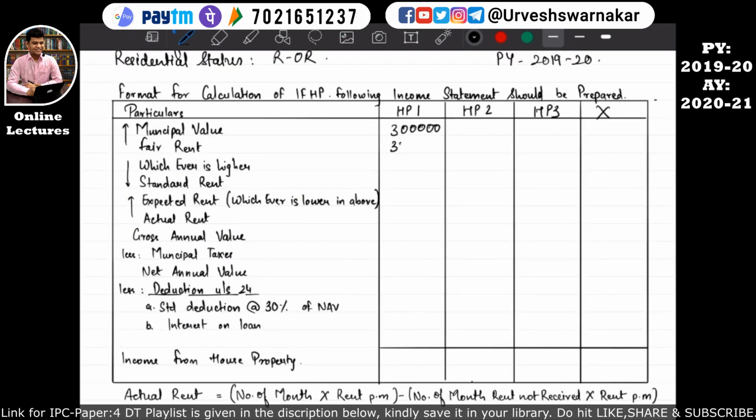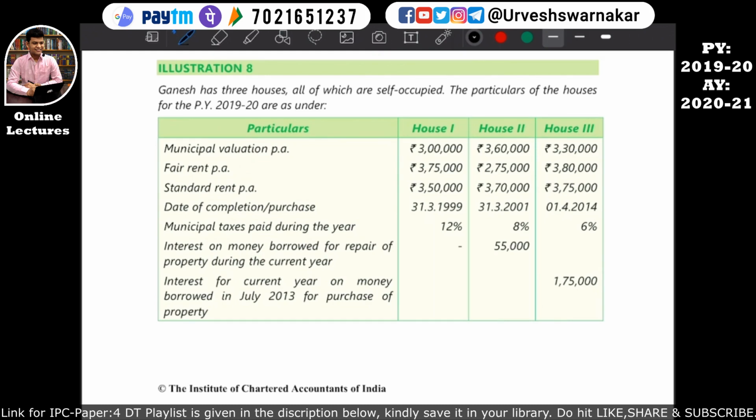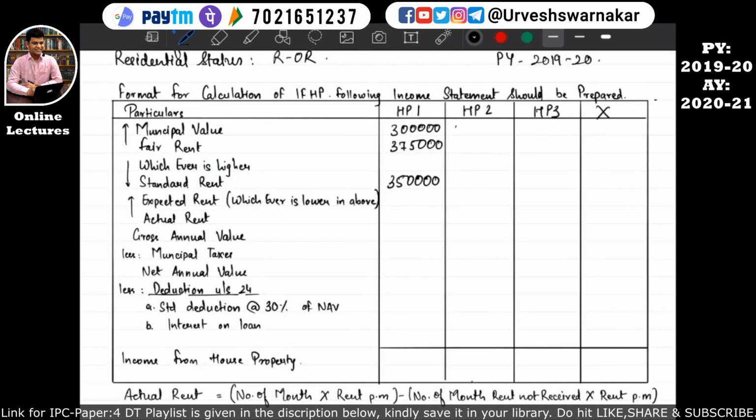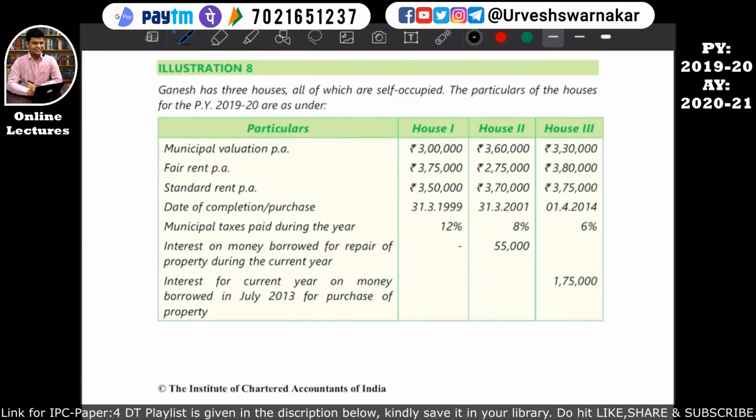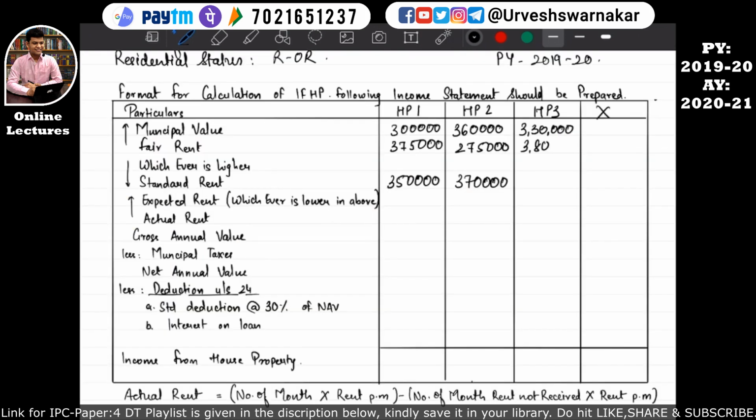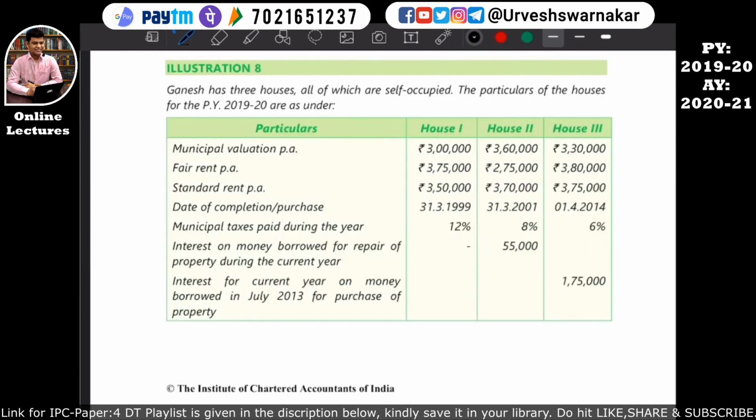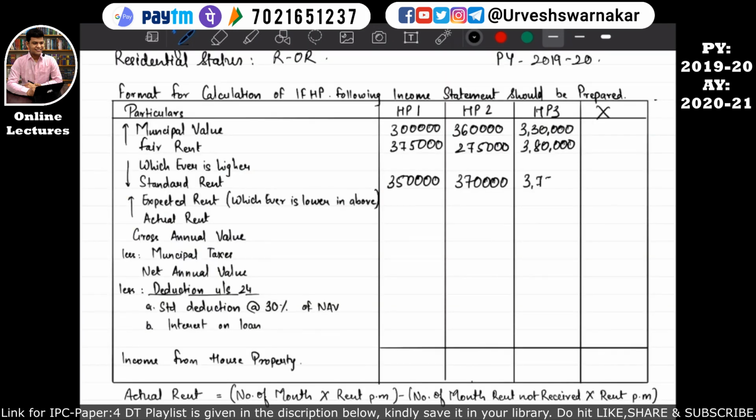Then 3,60,000, 2,75,000, and 3,70,000. Standard rent is 3,30,000, 3,80,000, 3,75,000, 3,80,000, and the last figure is 3,75,000. I hope this is quite clear to you all.